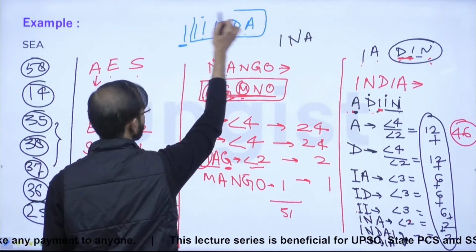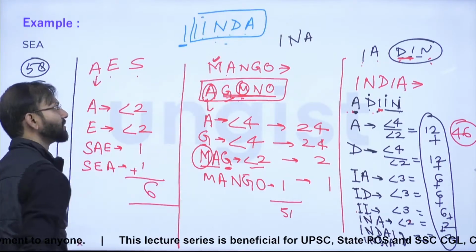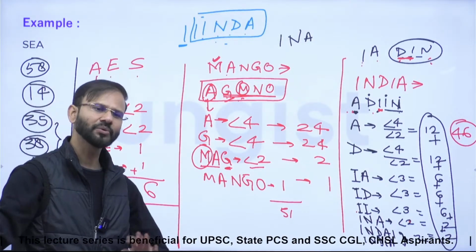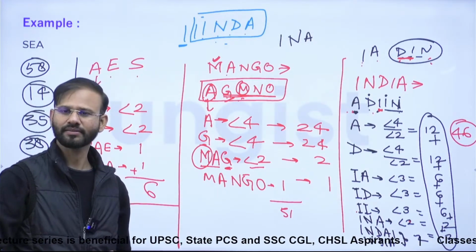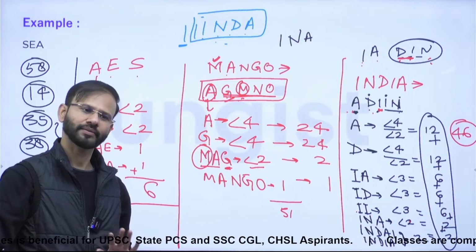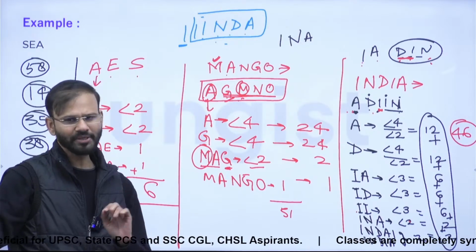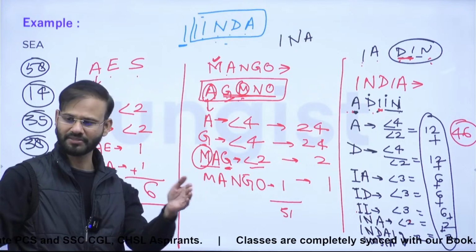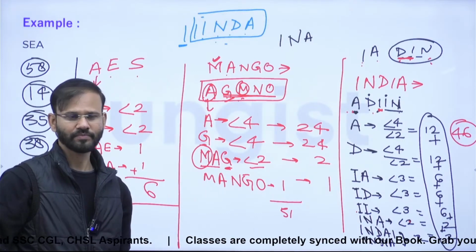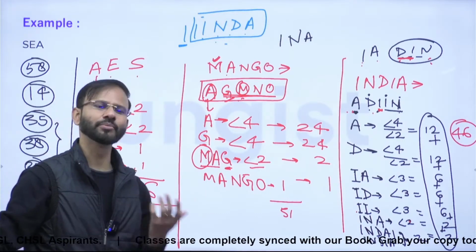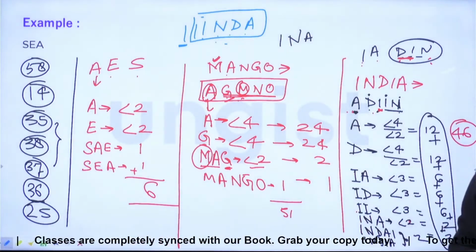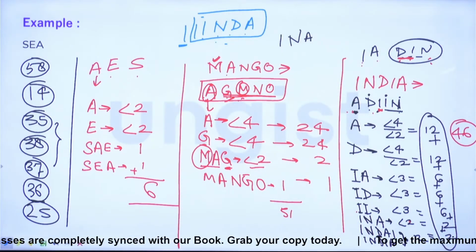So it is factorial 5 divided by factorial 2. Clear? Any other doubt, guys? Okay. So this is nothing but the word formation only, with the rest of the letters. That's it. Okay?